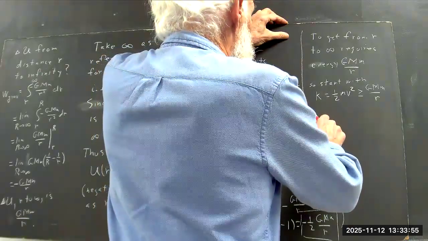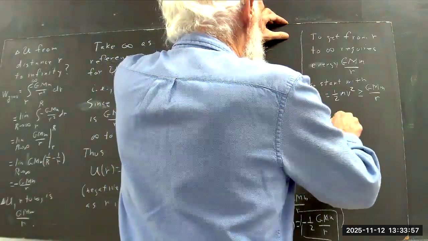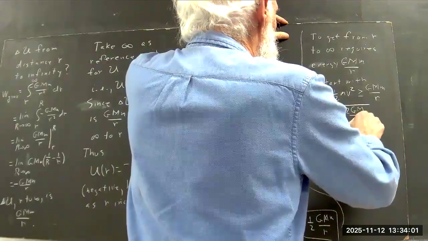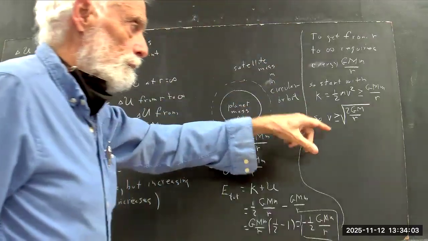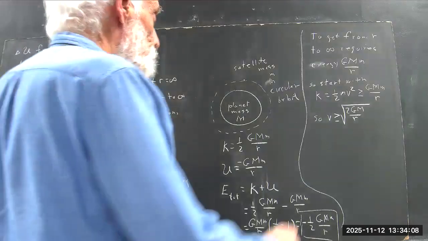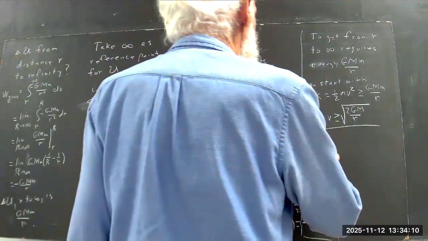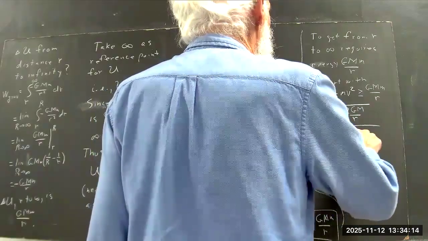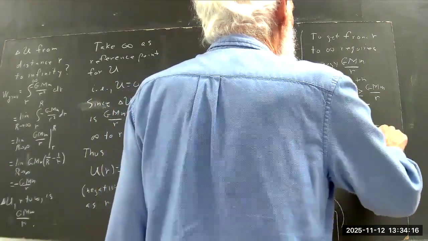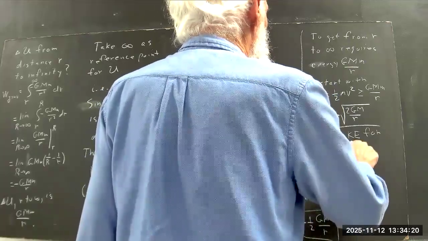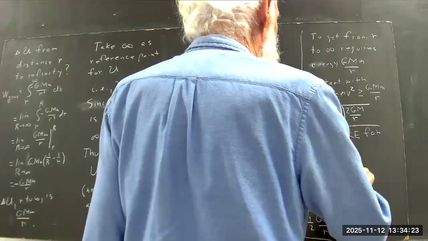So that tells us velocity has to be greater than the square root of 2 big G big M over r. Compare that with the velocity for circular orbit.